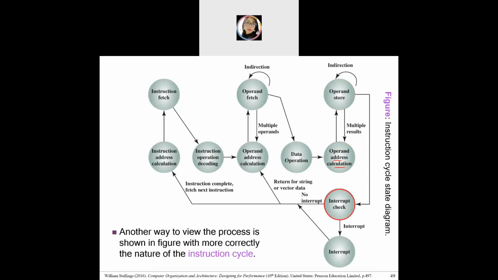When you have fetch and execute, you're going to check your interrupt, whether you have an interrupt or not. If you have an interrupt, you go back. If there is no interrupt, you also go back, either to the fetch or to execute again. So you have two options.